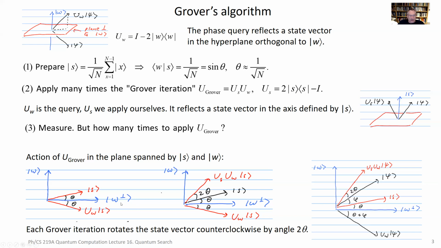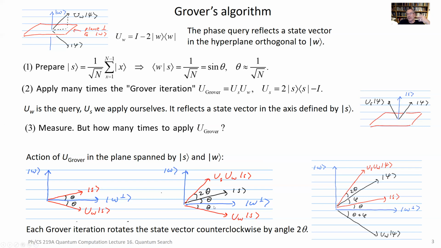Now, after we've done UW, we have a vector which makes an angle 2 theta with S, because originally it made an angle theta with W perp, but it got reflected in W perp. So now it's rotated by theta in the other direction away from W perp. The total angle between this state and S is 2 theta.